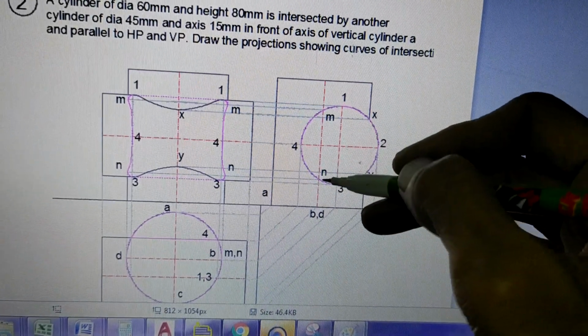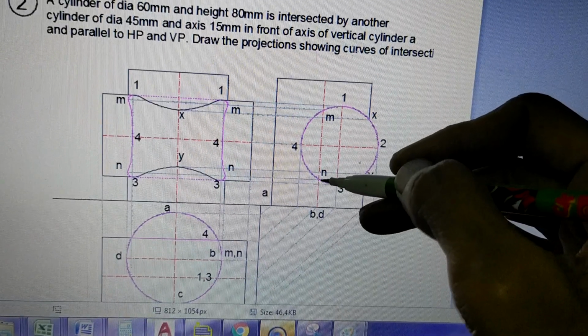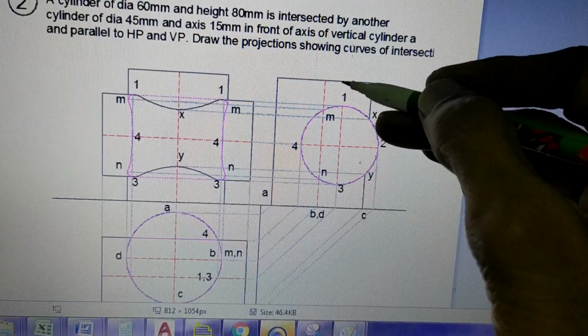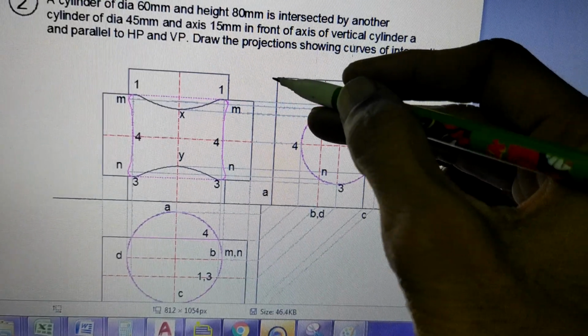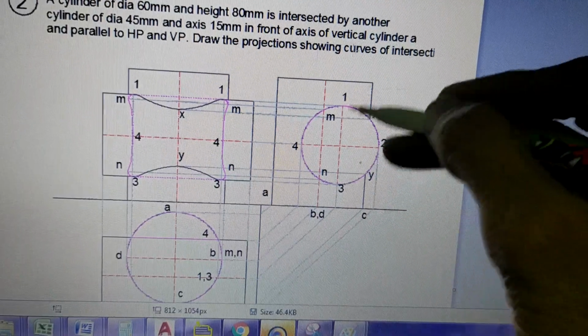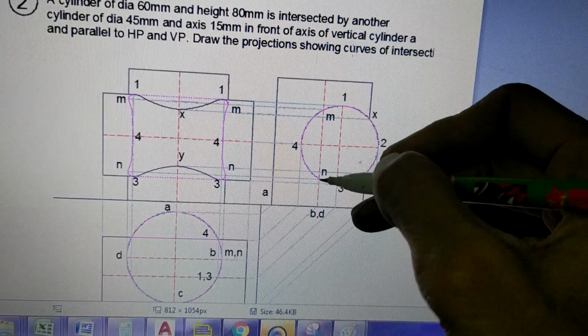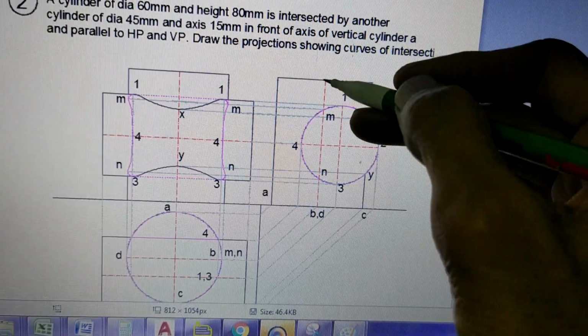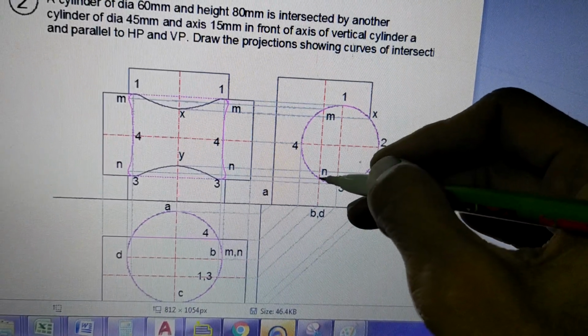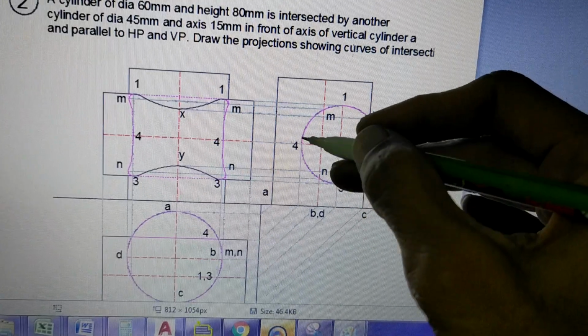Between 3 and 4, there is a changeover point. What is the changeover point? Changeover point means from 3, see this is the front side of the cylinder, this is the back side of the cylinder. So from 3 to N, they are all on the front side. And N to 4, these points are on the back side of the cylinder. So 3 to N, you are on the front side, after N you are going on the back side.